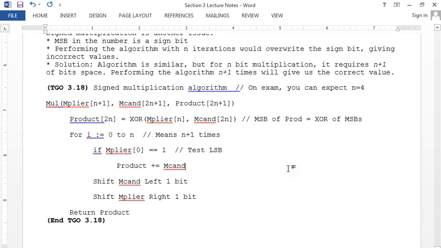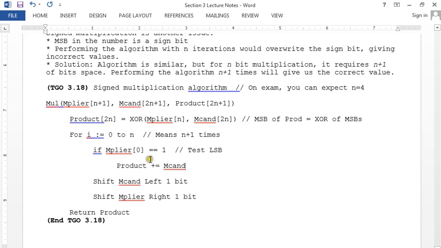And if it's 1, we're going to do just like I wrote up on the chalkboard. We're going to add it. So what are we going to do if it's 0? Yeah, physically you're adding 0, but when you're doing it on the exam, you're just going to do nothing, right? Because you're not adding anything.